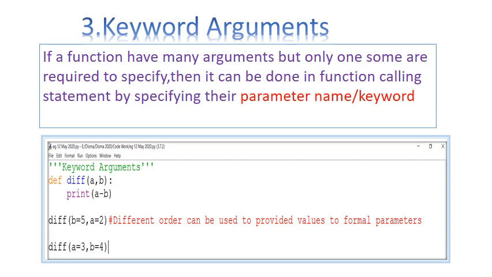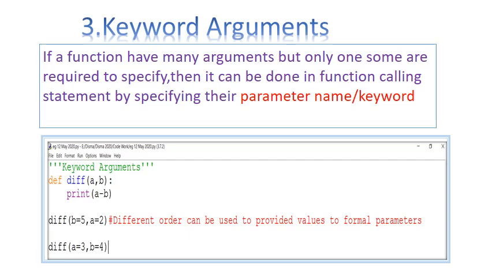You can see an example of difference calculation, a minus b, in that particular function definition. In the first calling statement, I have given the value of b, then only I have given the value of a. But see the difference? When I call that particular function, the value of b I have given in an explicit way itself.